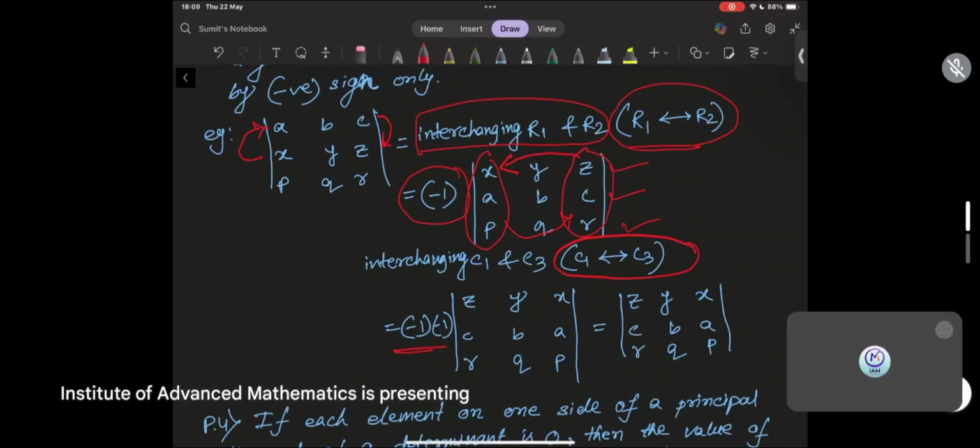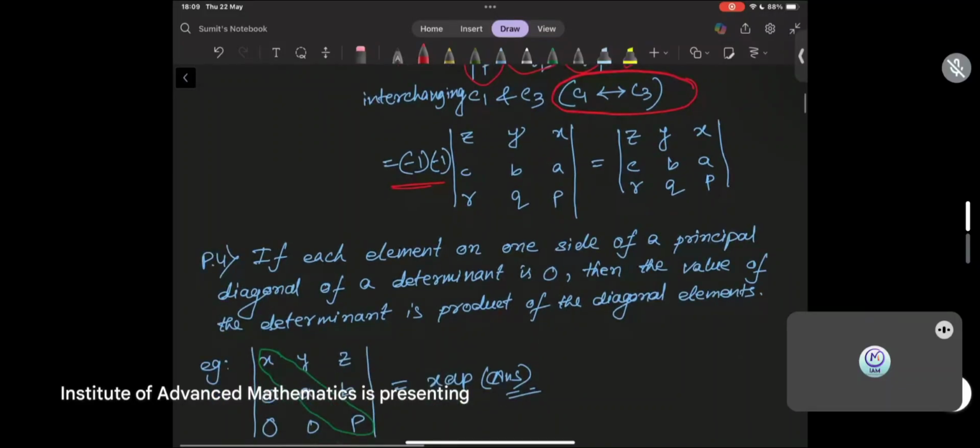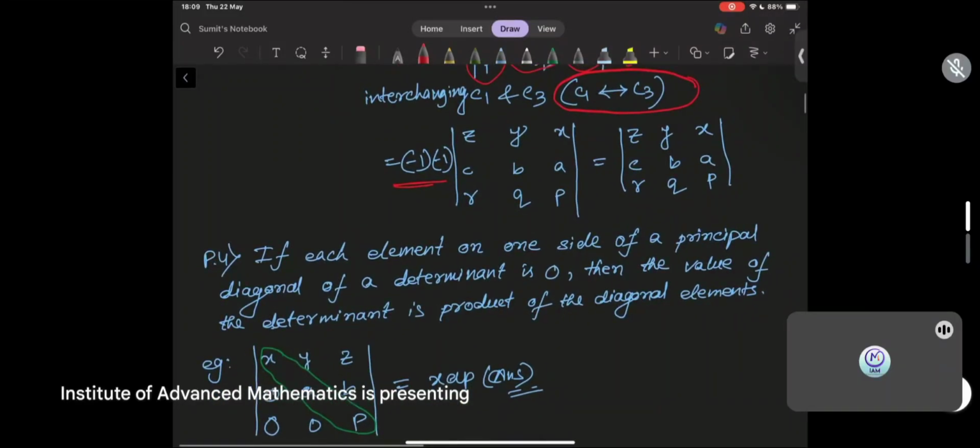Yes, sir. Okay, property 4 is what I have written: if each element on one side of the principal diagonal of a determinant is 0, then the value of the determinant is the product of the diagonal elements.